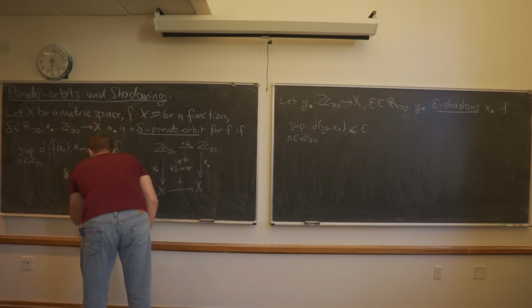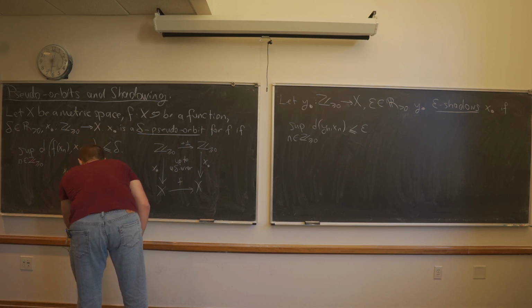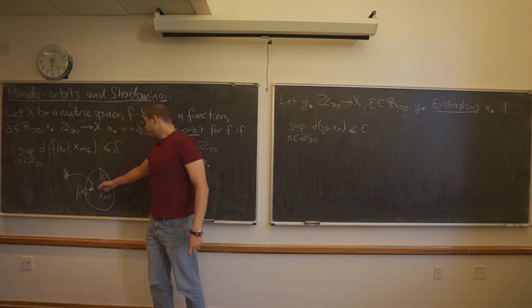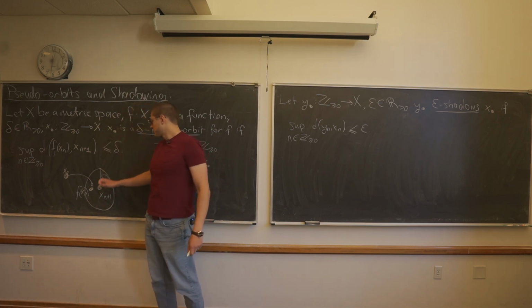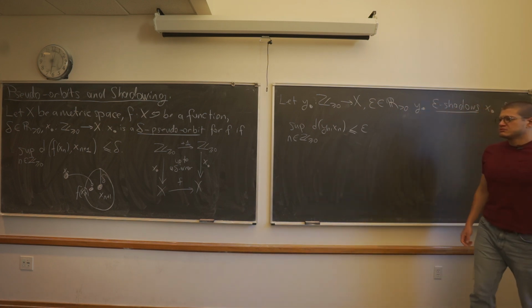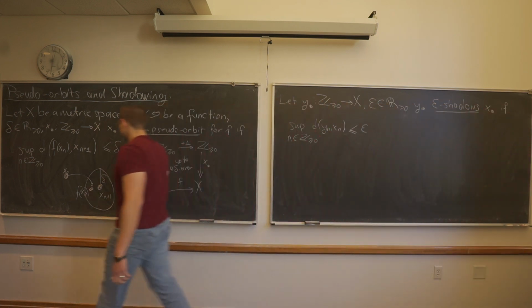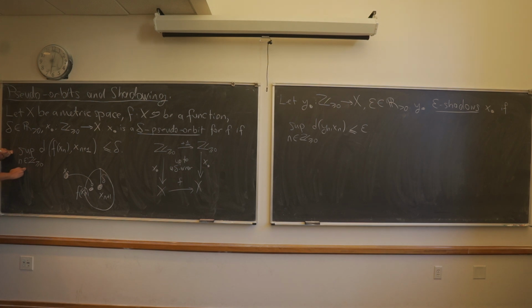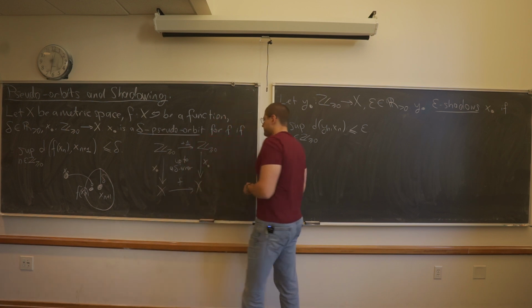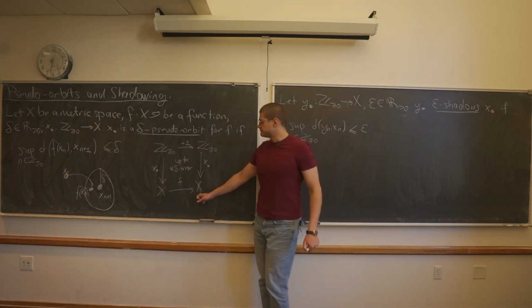So let's say it lands here. So this is my delta error, okay? And I want this error to be bounded. So that's why I'm taking the supremum over all n. So I'm looking at the distance between f of x0 and x1, and then the distance between f of x1 and x2, and so on.